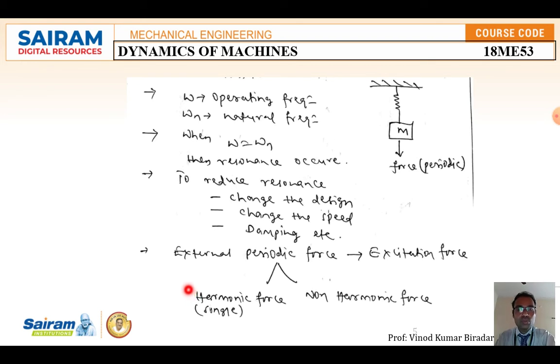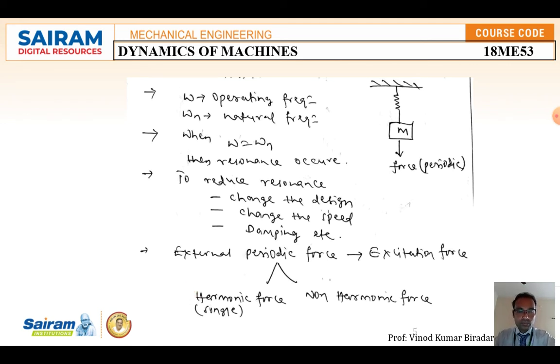Harmonic means the force is considered in a waveform. If you use sin omega t, then the force is called a harmonic force. For example, suppose the road is uneven, and a vehicle is moving on a road surface that goes up and down. The vehicle then moves in a waveform, up and down.